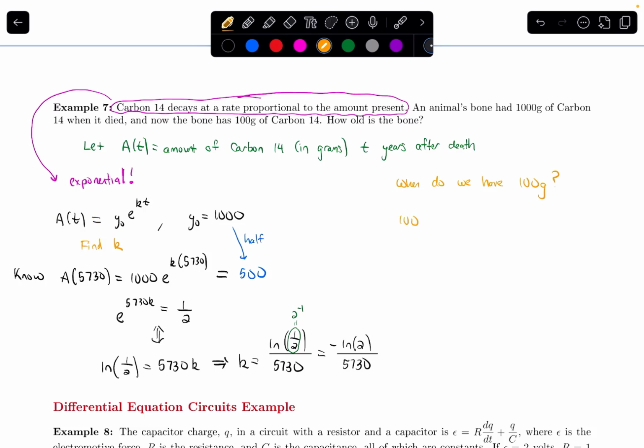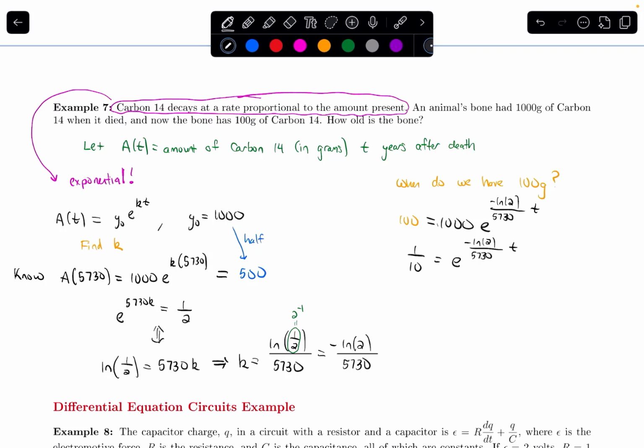So I'll have 100 equals, y naught is 1,000, and then e to the, and k is negative ln of 2 over 5,730 times t. I can divide the 1,000. That'll give me 1 over 10 equals e to the negative ln of 2 over 5,730 times t.